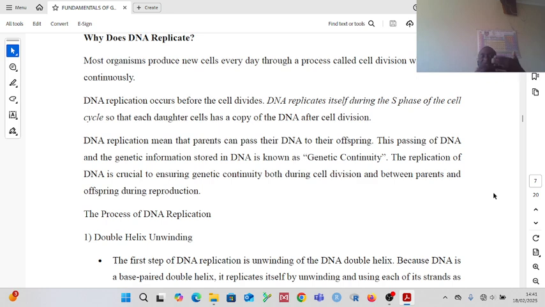So replication is important so that we increase the copies. But replication also has to happen in a very accurate way so that what the offspring is getting, what the new cell is getting, should be an exact copy of what the parent had.